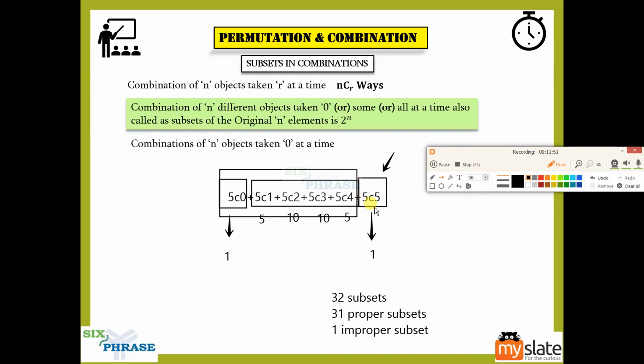It is equal. So that is why we call this an improper subset, guys. Still, it comes under the subset category. So if they ask you how many subsets there are, you should say 32. But if they ask you how many proper and improper, then you will have to say accordingly. Proper is 31, which is 30 plus 1, and improper is 1.